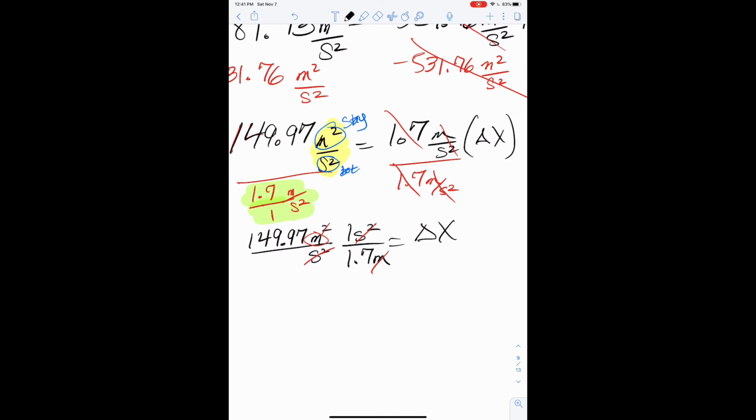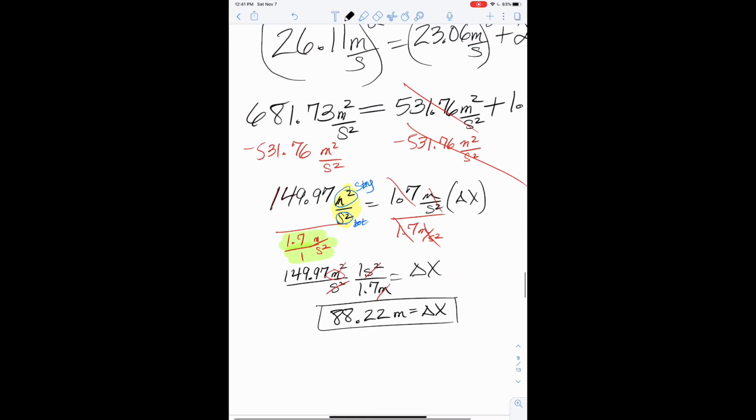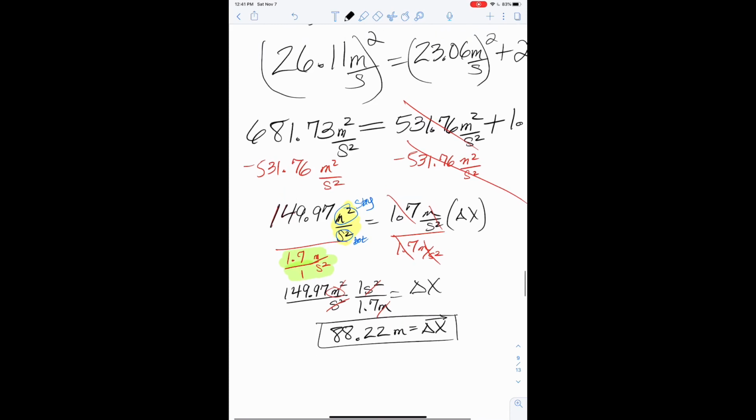All right, I'm getting 88.22 meters. Or you could say positive 88.22 meters, or you could say 88.22 meters to the right, because displacement is a vector as well. All right, that's it.